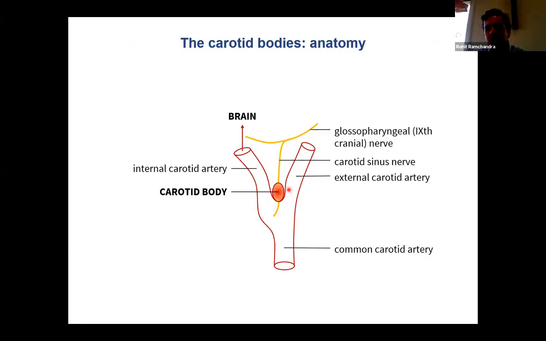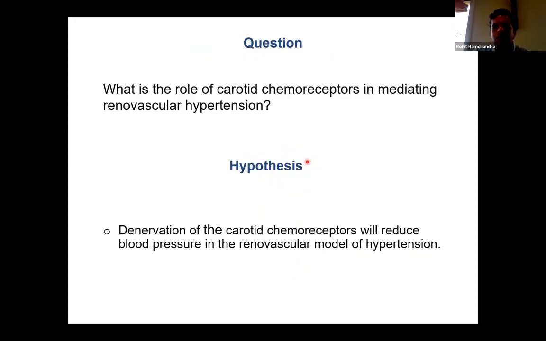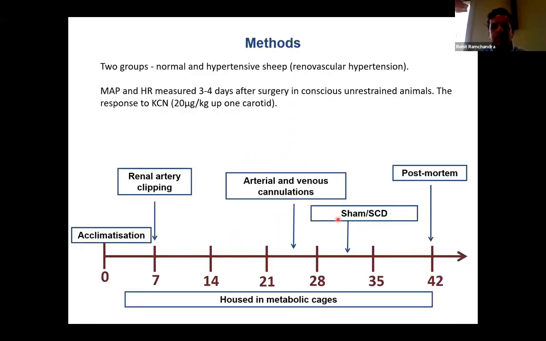There was some evidence in rodent studies that interruption, so removal of the carotid body or interruption of the carotid sinus nerve might reduce blood pressure in rodent models of hypertension. So we want to look at what is the role of the carotid chemoreceptors in mediating hypertension. And our hypothesis was that if we cut these carotid chemoreceptors, we would reduce blood pressure.